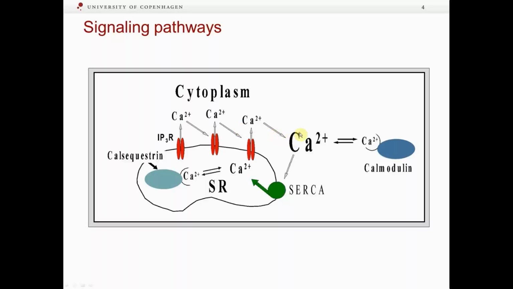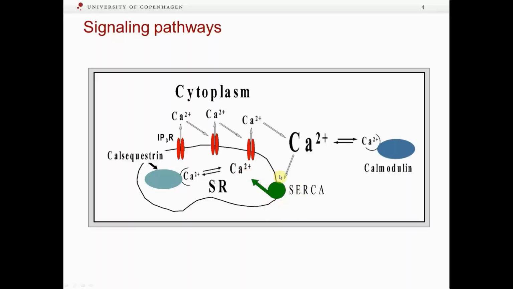Altogether, the calcium that has left the lumen of the SR contributes to the cytoplasmic pool of calcium, which is partly free and also partly buffered by specific proteins in the cytoplasm, such as calmodulin.